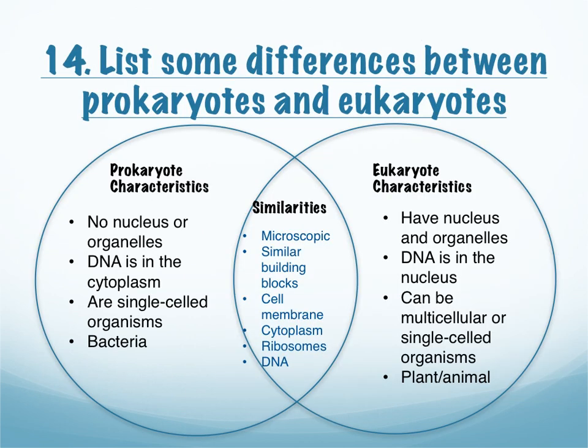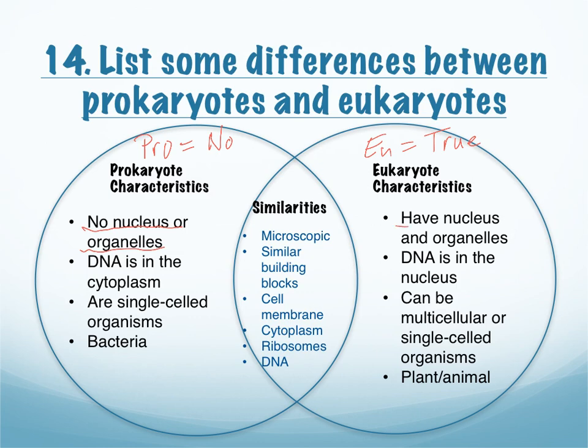Okay, so some differences between prokaryotes and eukaryotes. I'm going to make this very simple for you. You're going to remember this rhyme. Pro equals no. U equals true. So prokaryotes have no nucleus and no membrane-bound organelles.